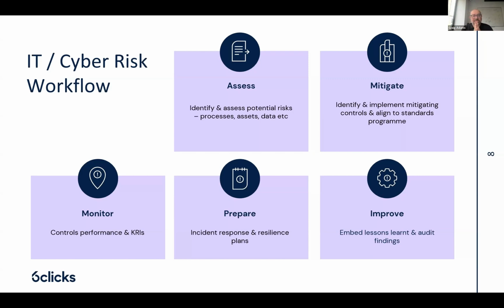And then ultimately, at the end of the life cycle, make sure that you continually improve by embedding the lessons learned from any incident or lack of effectiveness in your ongoing controls testing program, or when you see KRIs that are outside of appetite, taking those lessons learned, or maybe responding to external audit or pen testing or whatever it is, to make sure you continually improve your risk profile as a business and minimize the risk that you're carrying.